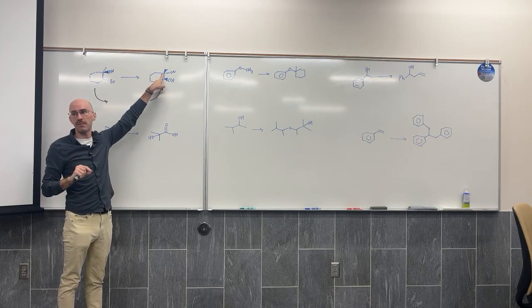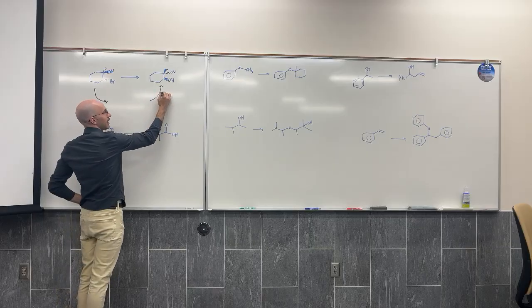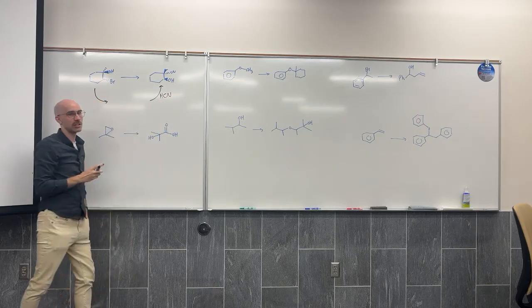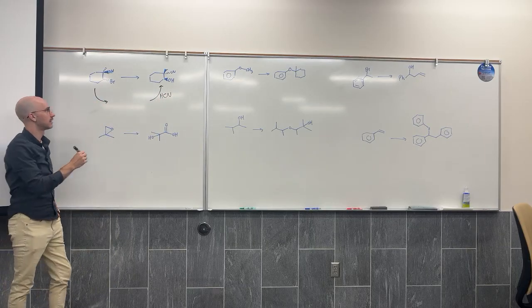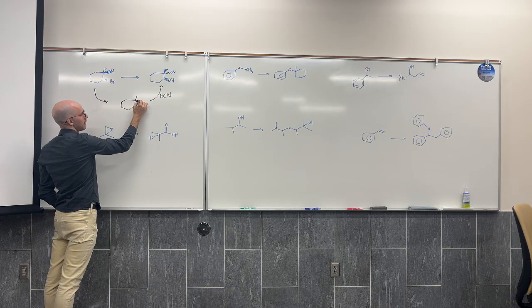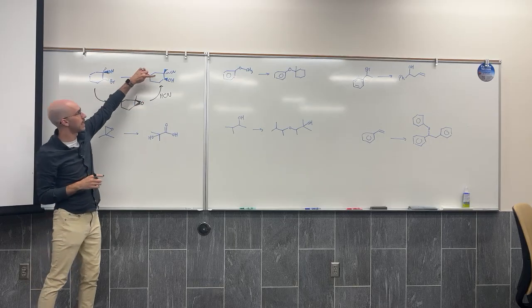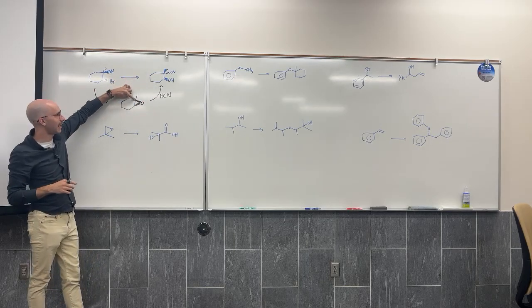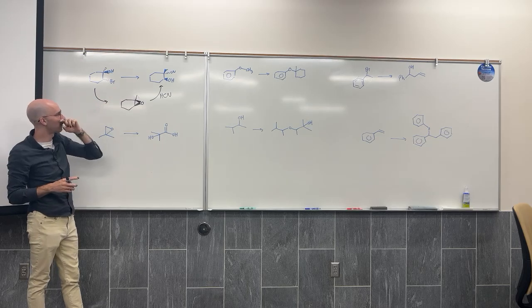So this must have happened in acidic conditions, and acidic conditions for cyanide is HCN. It must have attacked an epoxide, and the epoxide must have been wedged. Why do I know that? Well, the nitrile does a backside attack, so the nitrile will be dashed to the wedged epoxide.